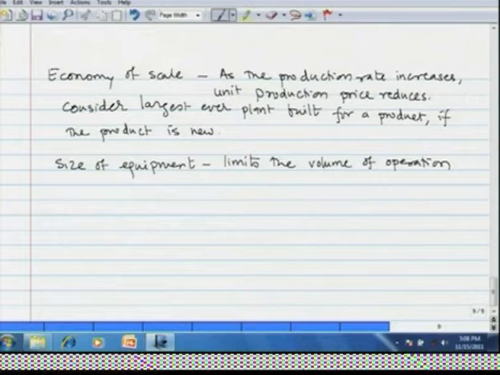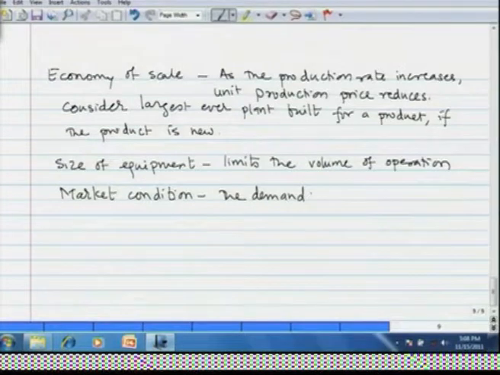And finally, the market conditions. The demand for a product may fluctuate in time. Therefore, the company has to keep a record or knowledge of the demand for the product while producing a particular product.